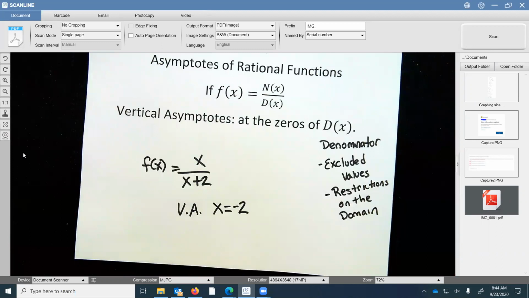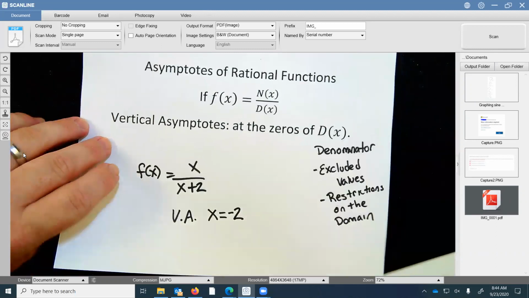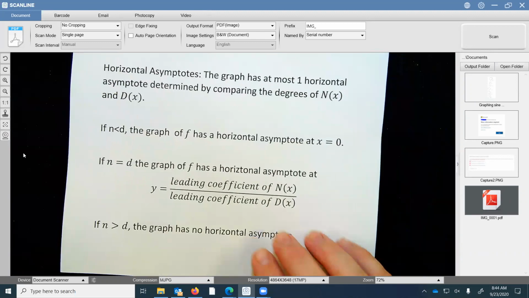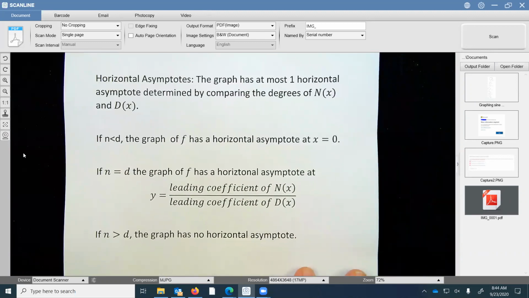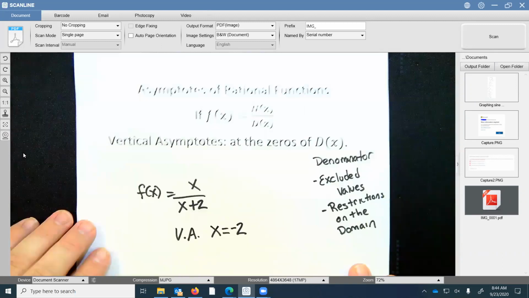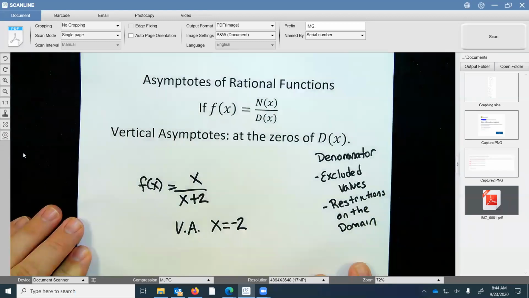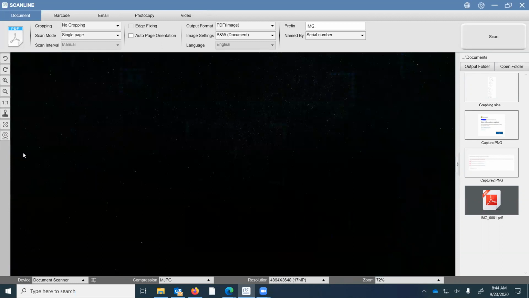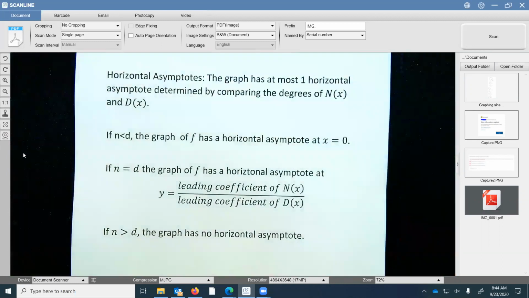I'll give you a second to write for this next one for horizontal asymptotes, and then we'll go through it.